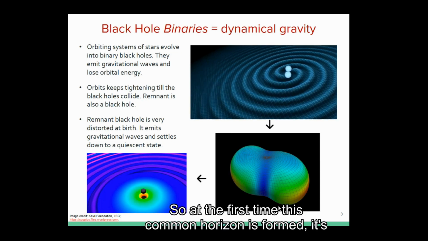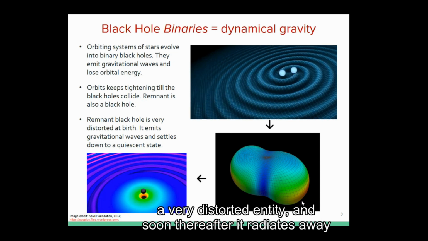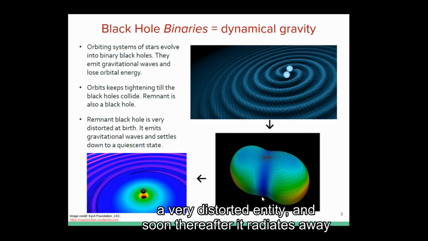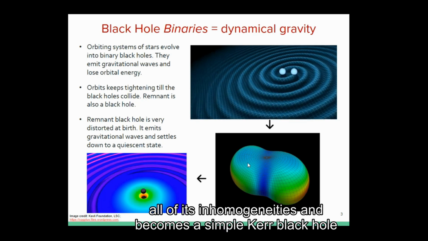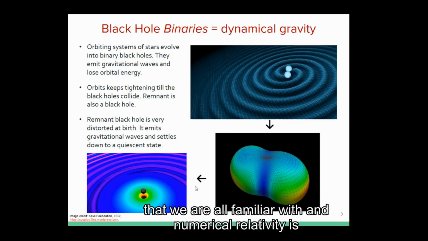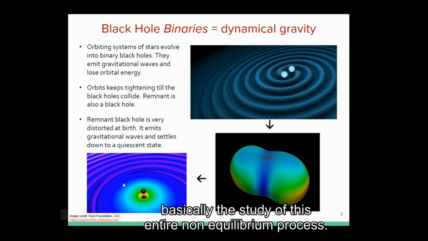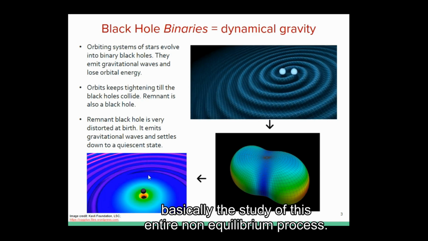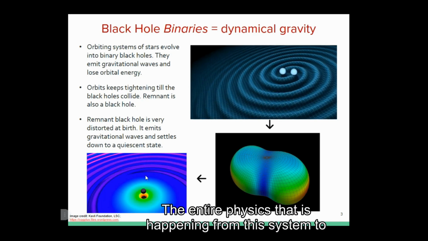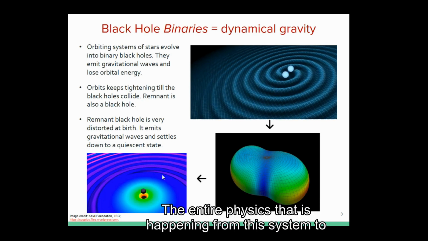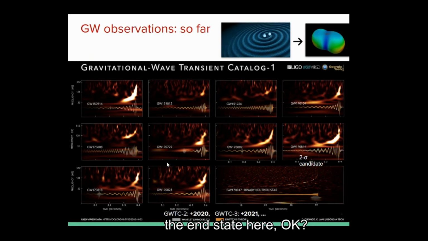At the first time this common horizon is formed, it's a very distorted entity. Soon thereafter, it radiates away all of its inhomogeneities and becomes a simple curved black hole that we are all familiar with. Numerical relativity is basically the study of this entire non-equilibrium process, the entire physics happening from this system to the end state.